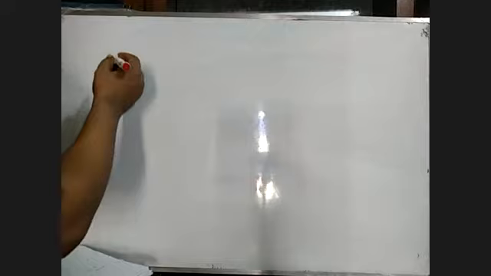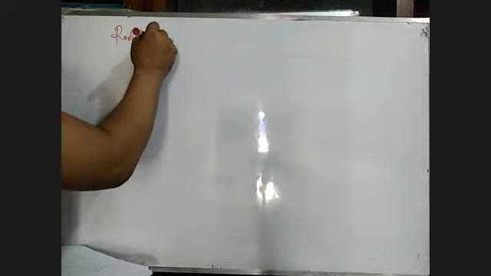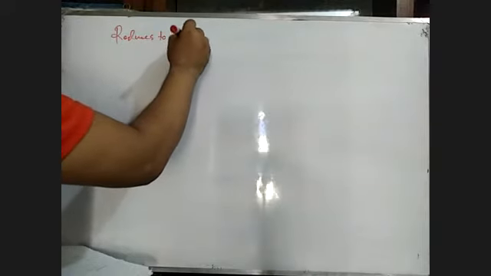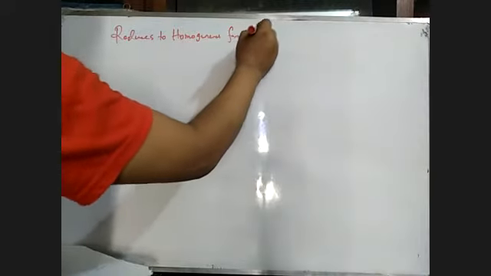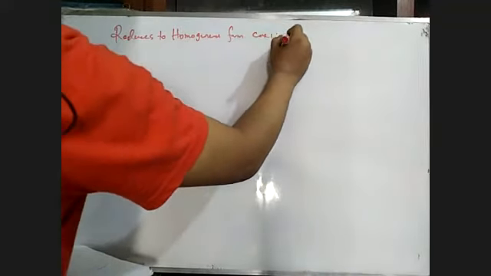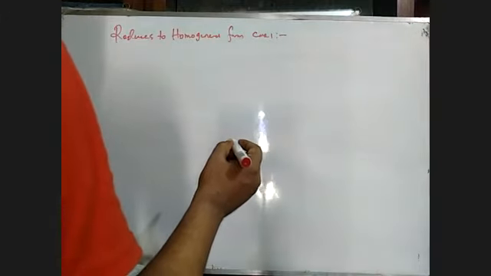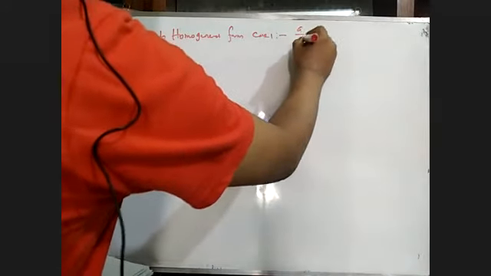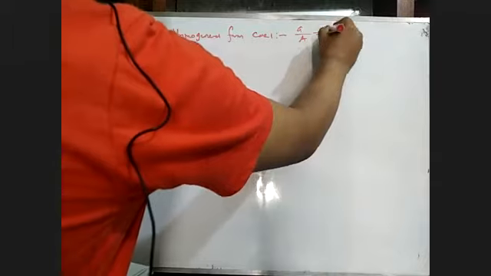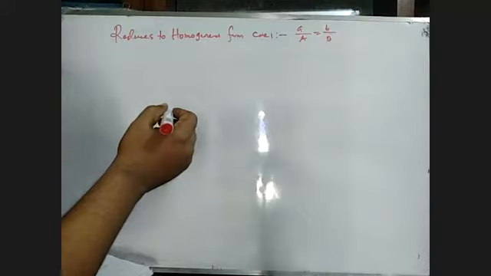Okay, now reduces to homogeneous form. Case 1, suppose if the coefficient ratio, small a divided by capital A and small b divided by capital B, are equal, then in this case how can we solve?